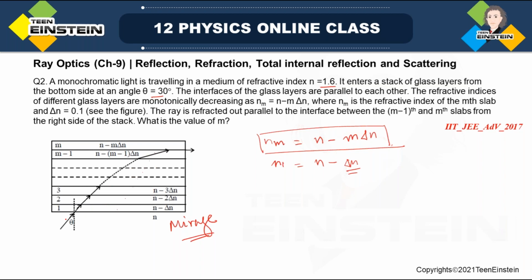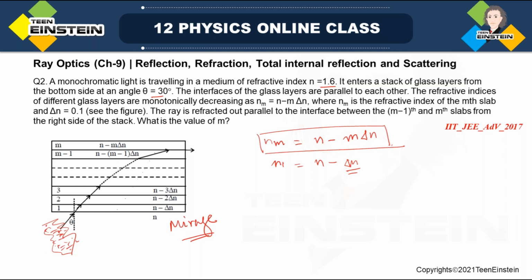What is the concept? The concept is that the refractive indices of various layers of the atmosphere decrease as we go from the ground to higher and higher, as you see in this case. Suppose there is some water, some pond, here at this place.